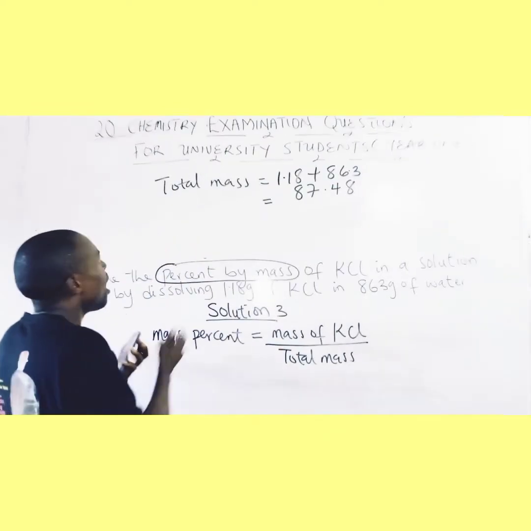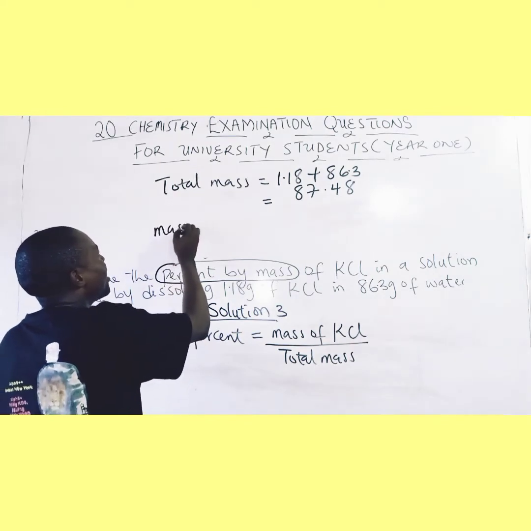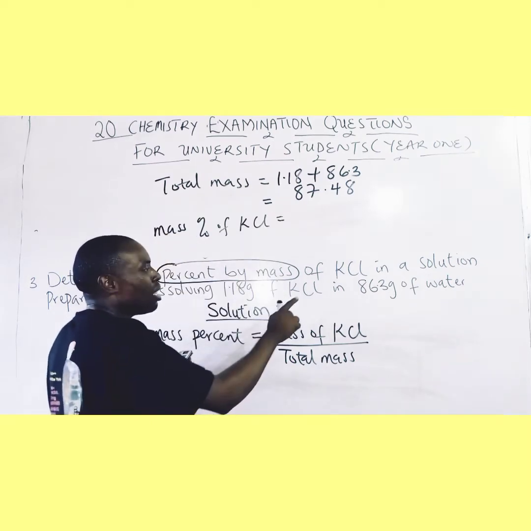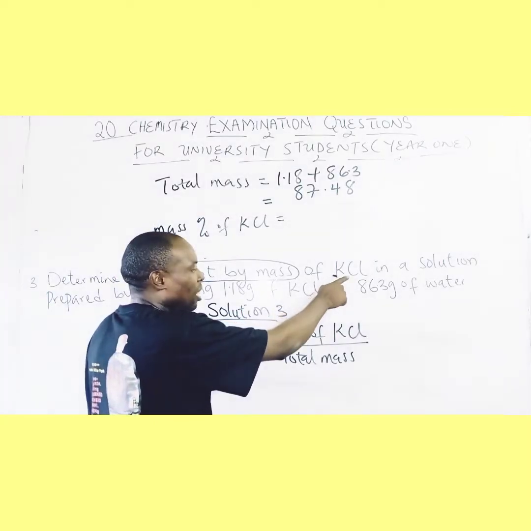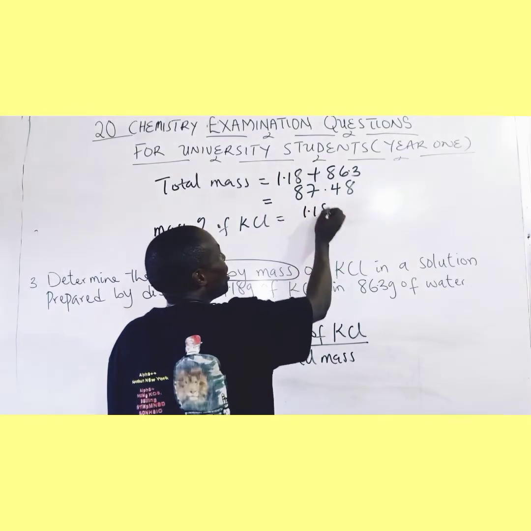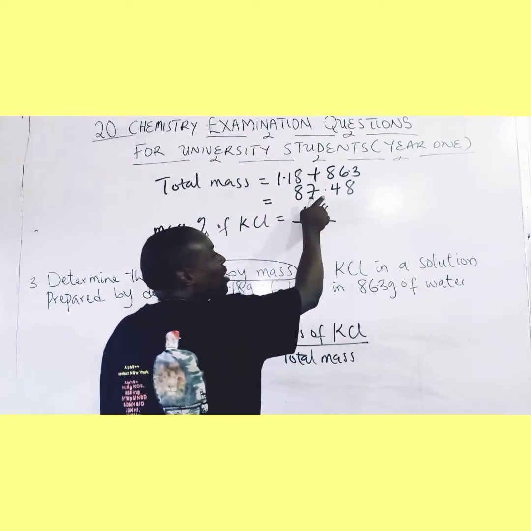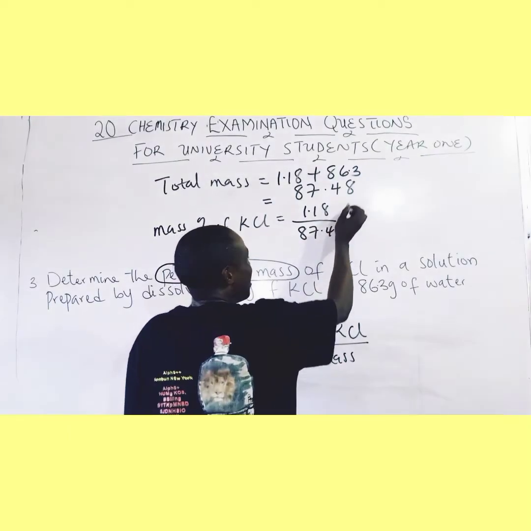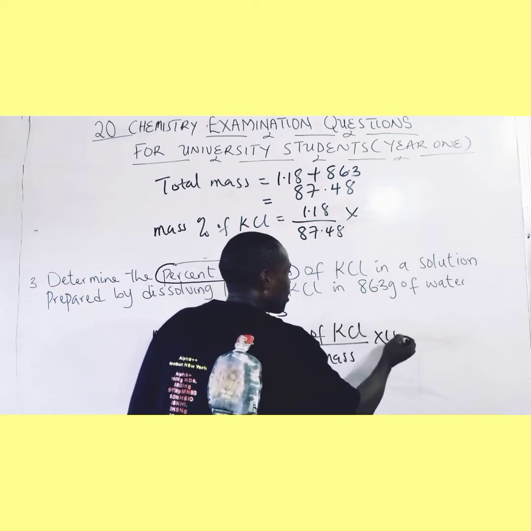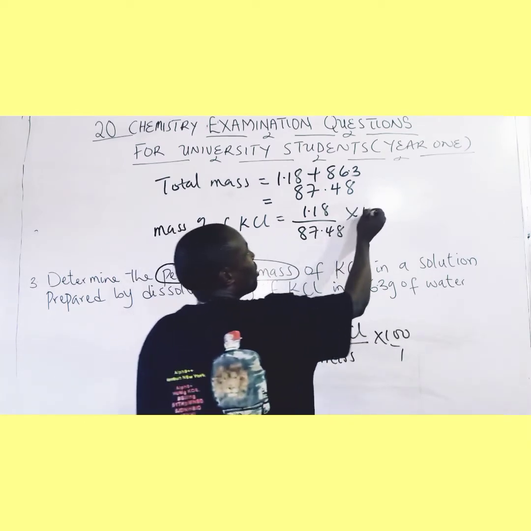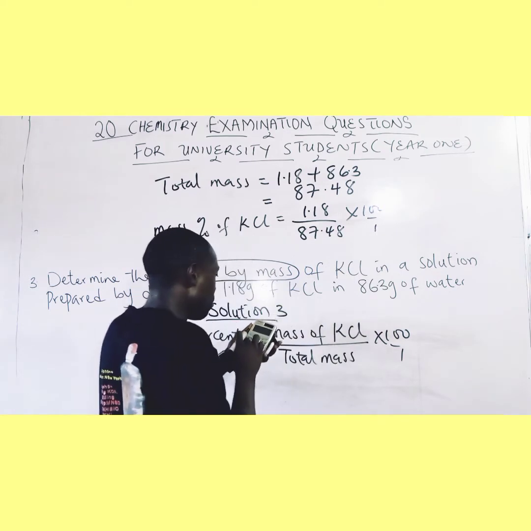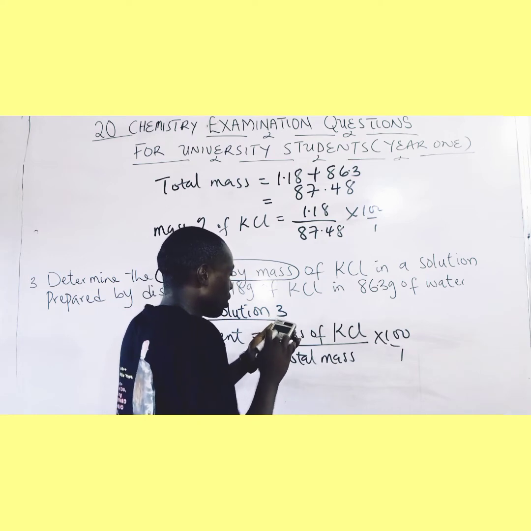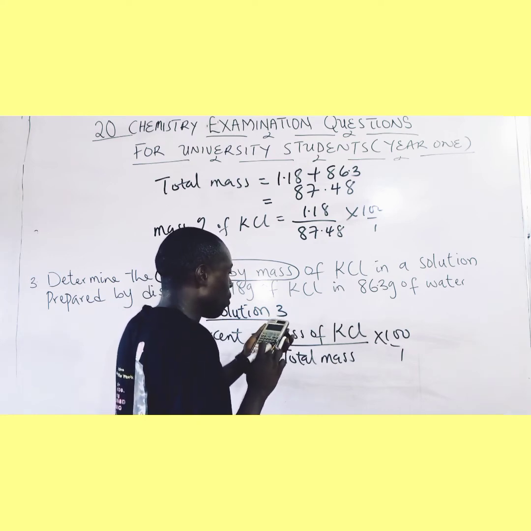So we move on. The mass percent of KCl is equal to the mass of KCl, 1.18, over the total mass of the solution, 87.48, times 100 over 1, since it's a percent.